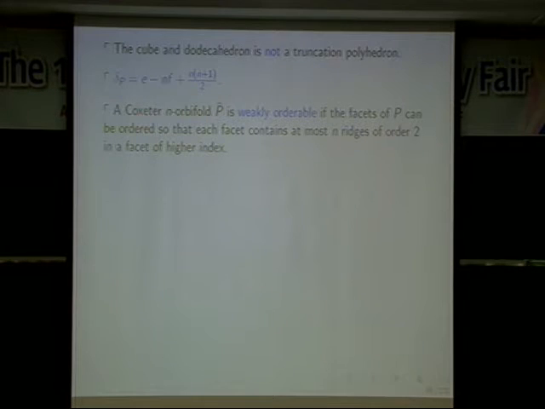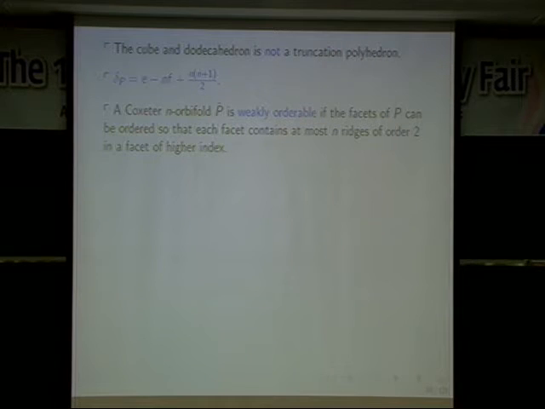First, delta P is E minus NF plus this term. And if you remember what orderable is, then this is weakly orderable. Only the definition is slightly changed, but it is quite different.